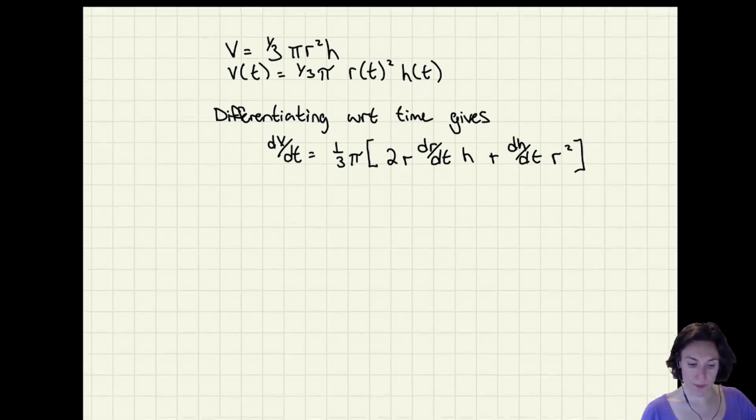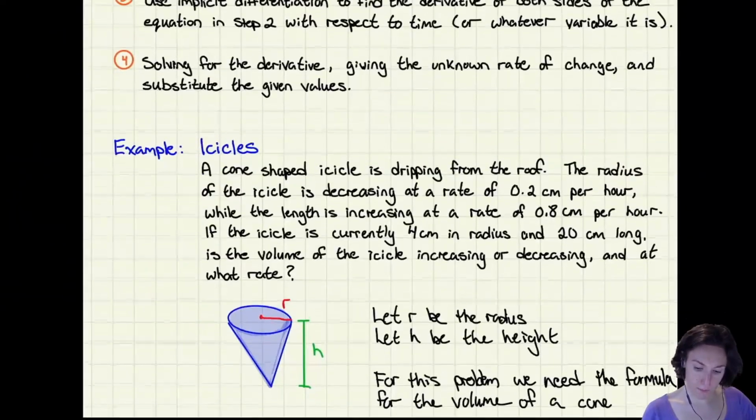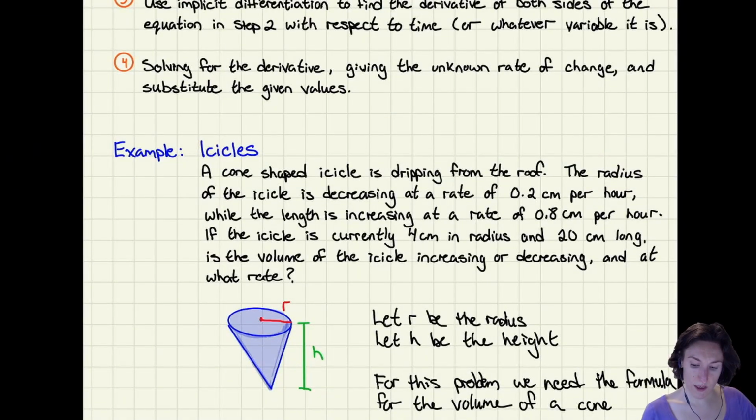And I do. In my problem, I'm being told that the radius is decreasing at a rate of 0.2 centimeters per hour, and the length is increasing at a rate of 0.8 centimeters per hour. So the increasing at a rate, decreasing at a rate, this means derivative. And when we're decreasing, it also means that in front of this 0.2, we actually have a negative sign.